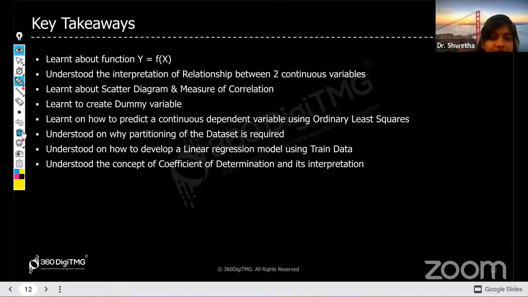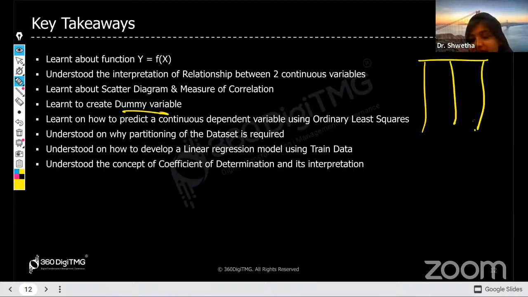Now, if the data has categorical values or discrete values, we saw that x and y were numerical, so we were able to put them in the graph. What if we have dummy variables?